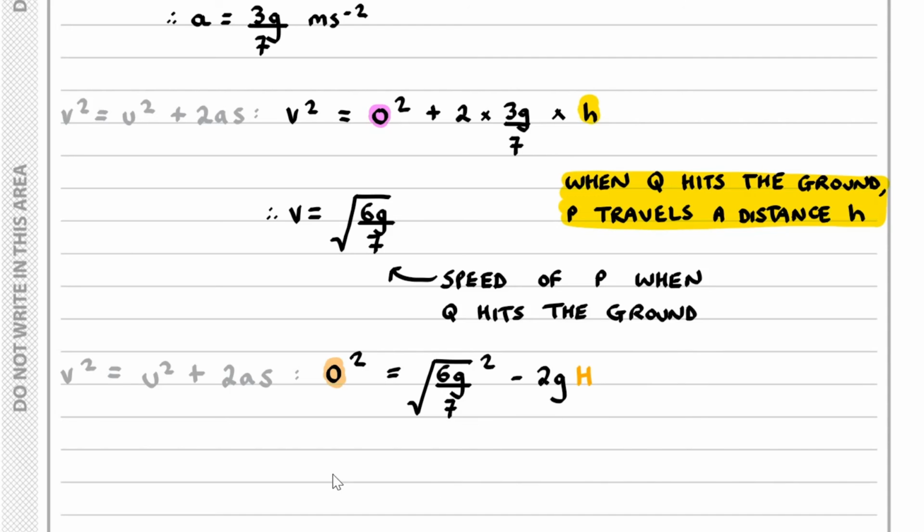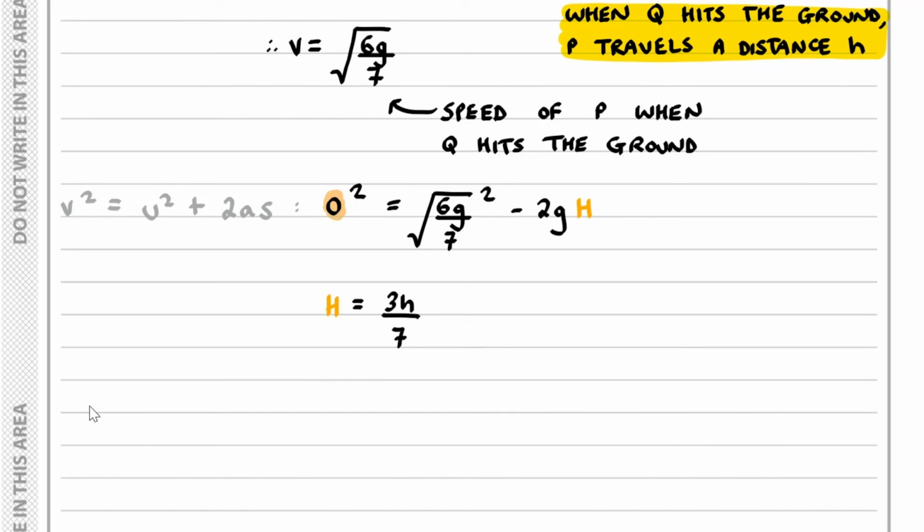And if we find out what H is, H then is equal to 6gh over 7 divided by 2g, so that's going to be 3h over 7. So we have 3h over 7 meters.